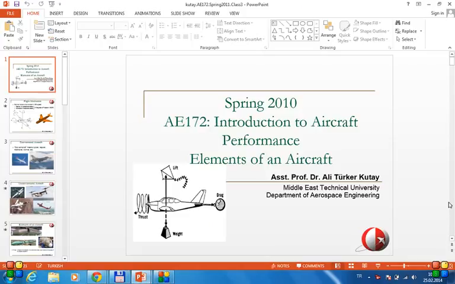The purpose of that first half is to make you understand how a general conventional aircraft works, how it flies. And before we start using the equations, I will try to make you understand where those equations come from and why we use them. So we're still in that first half.